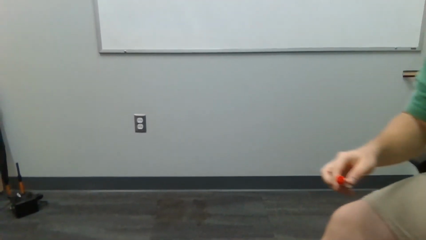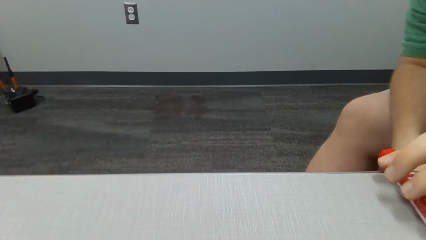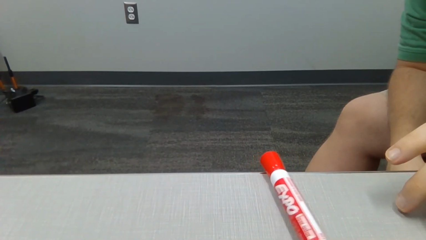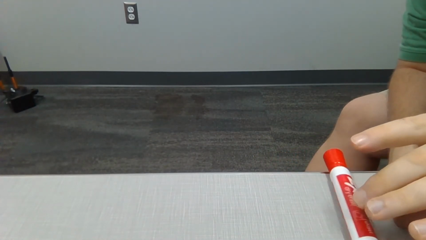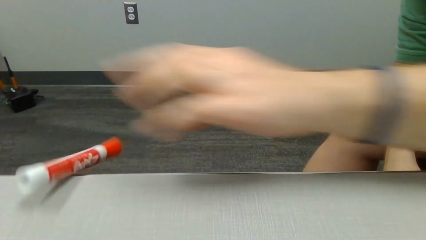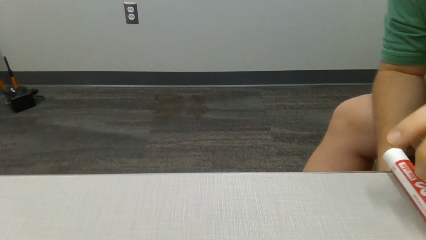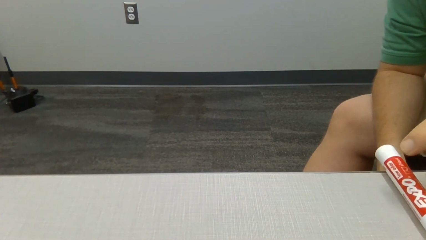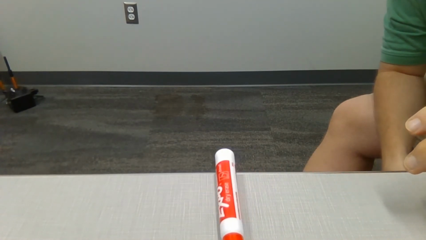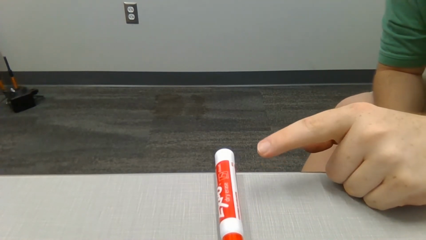For example, if I roll this marker across the table, it's eventually going to stop. Oops. It would help if I had a better desk. But if I push this marker forwards, there's friction between the marker and the table.